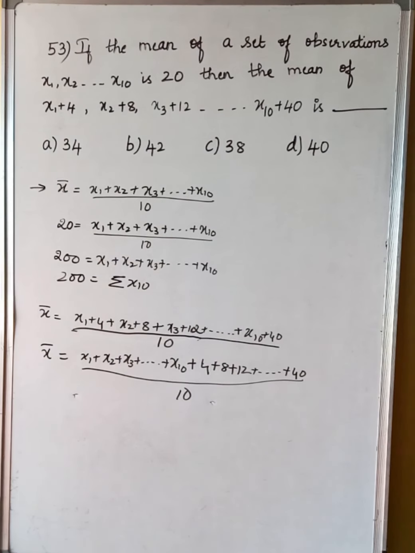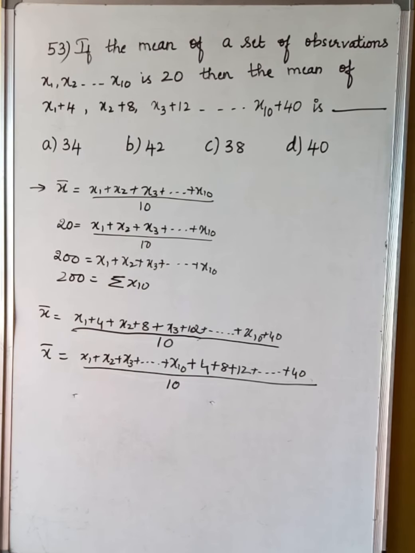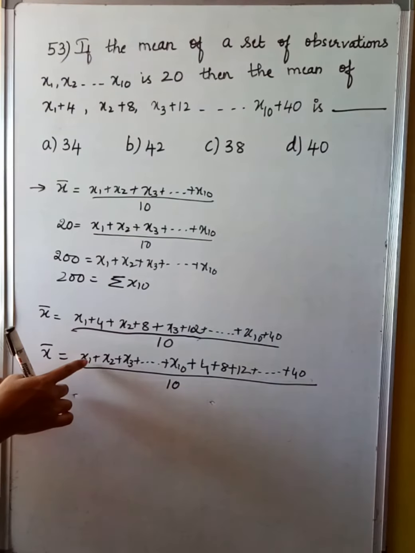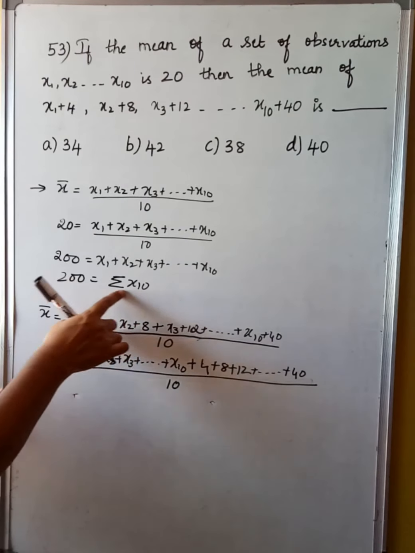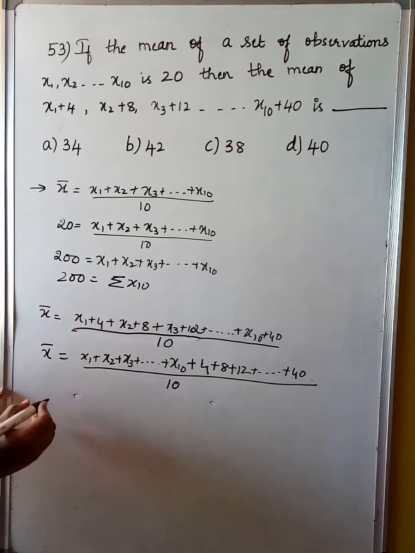Hope this is clear for you all. So the next step is, this is nothing but what? x1 plus x2, x3 so on up till x10. We have already simplified. This term is nothing but 200.